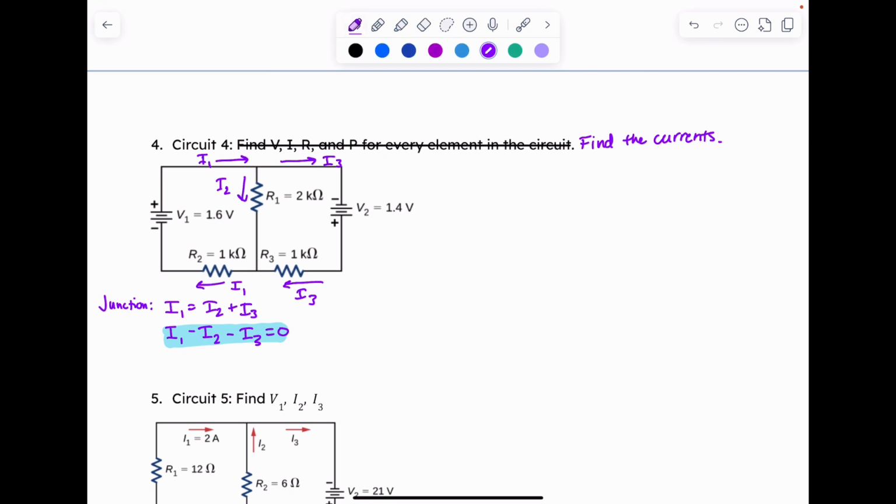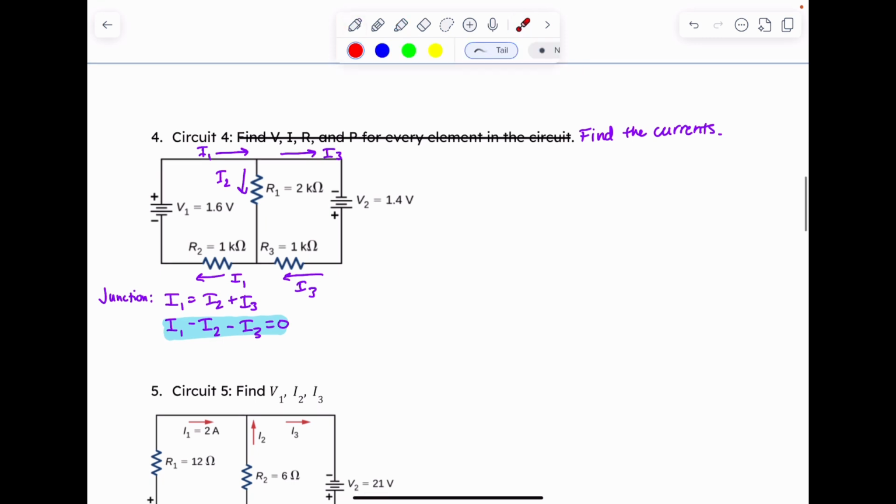So that is going to be my first equation in my system. For my second equation in the system, I'm just going to do the big loop around this way, and I'm going to start right here.